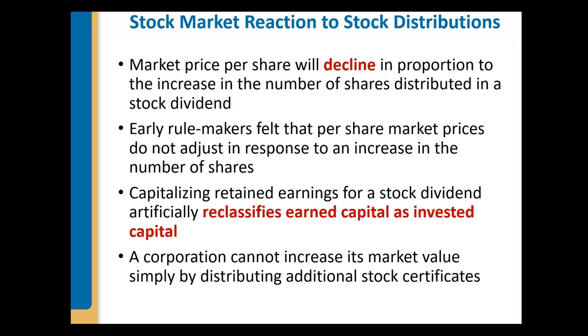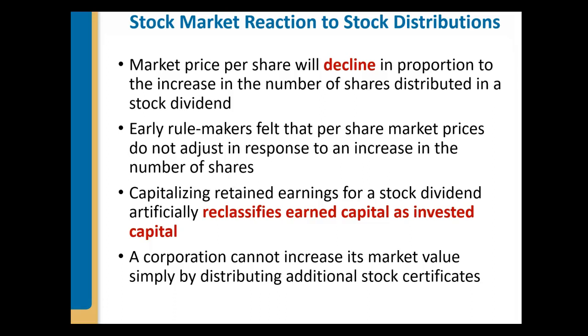So the per share value of your shares would decline from $12 to $10.91, so that your 11 shares would be worth $120, exactly what your 10 shares were worth prior to the stock dividend. You might compare Kraft Industries to a pizza.